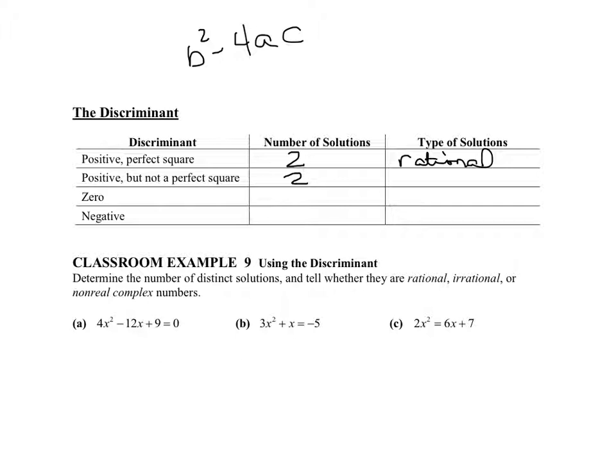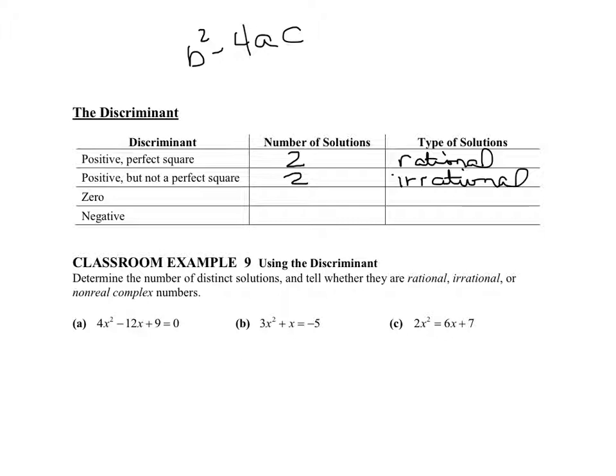And as long as it's positive, I know I don't have an i, but I do have the radical, which means my solution is not rational. It's an irrational number. If I have the square root of a positive number that's not a perfect square, that's irrational. If I put it in the calculator, I get a decimal number that doesn't end and doesn't repeat. Okay? So I've covered all the possibilities of what I get if the number is positive under the radical.